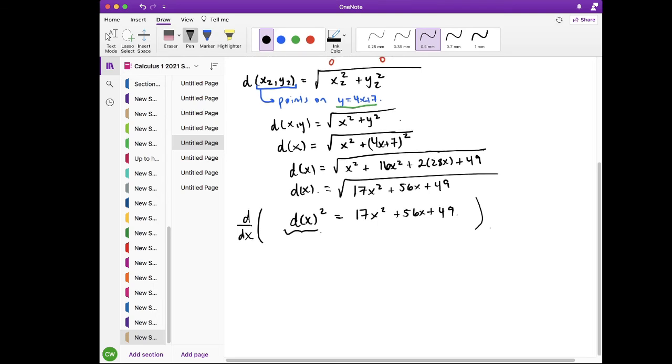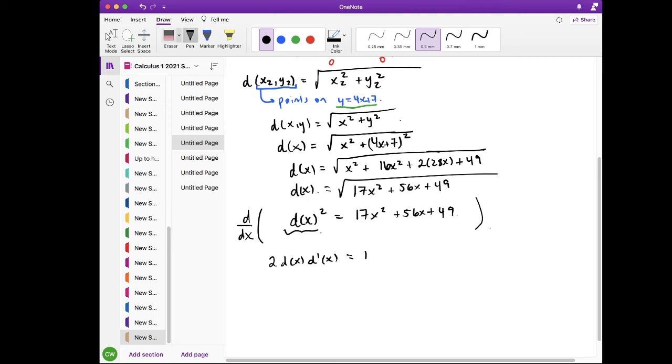How do you take the derivative of d of x squared? Yes. It's just 2 d of x d prime of x. This is implicit differentiation, or chain rule, really.